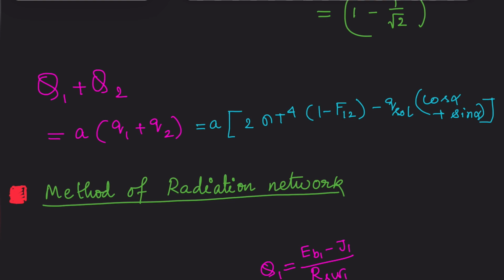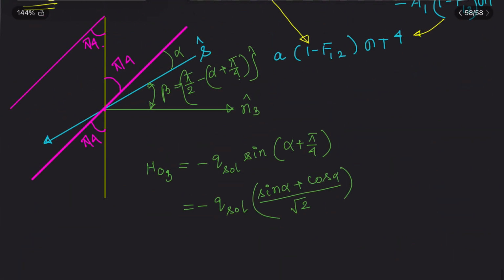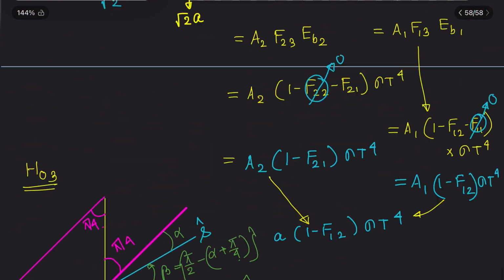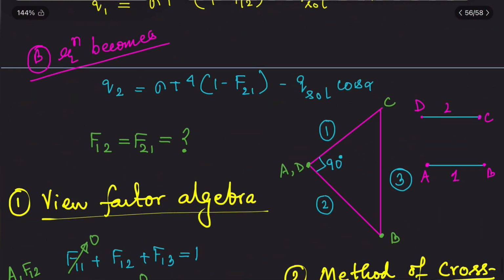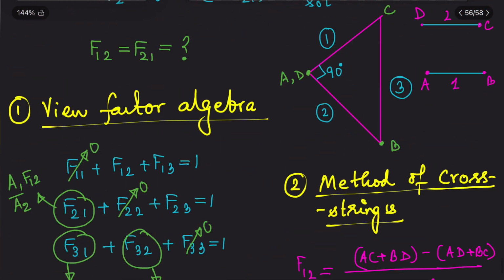Okay, so this was one example through which I have shown you the applications of both the methods. I don't know how much time has already passed. So okay, I will try to solve one more problem.